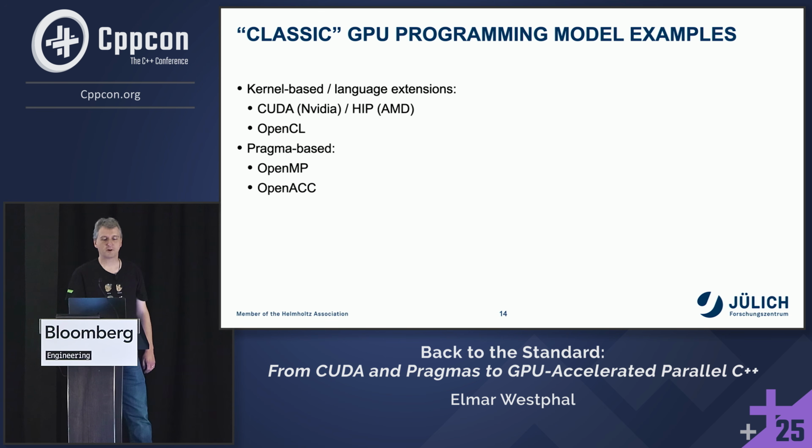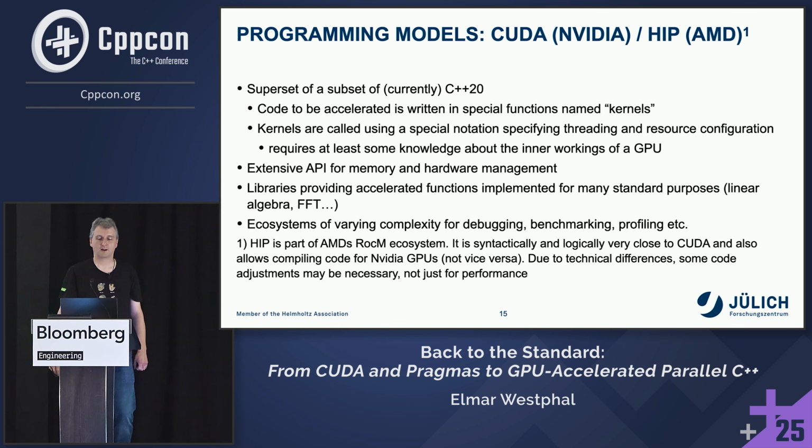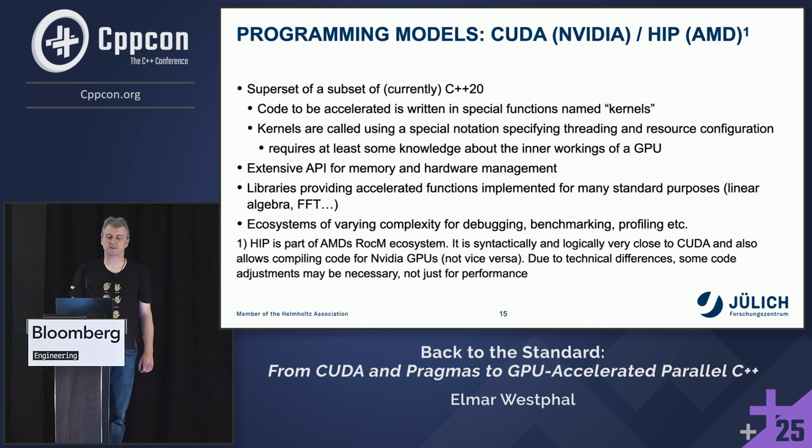Then we have pragma-based approaches like OpenMP and OpenACC, and library-based implementations like SYCL and Kokkos. There probably are many other ways to do this, but I'll not go any further here. I'll just give you a few examples about this.